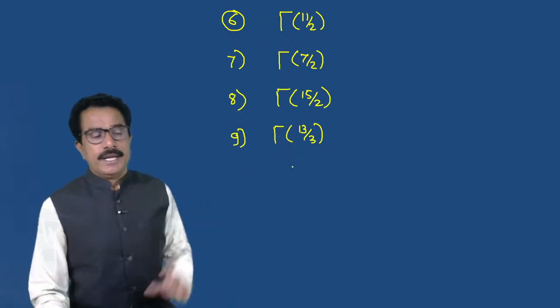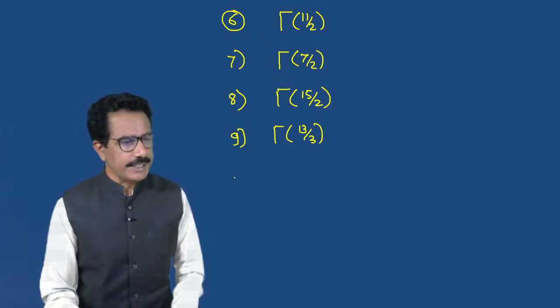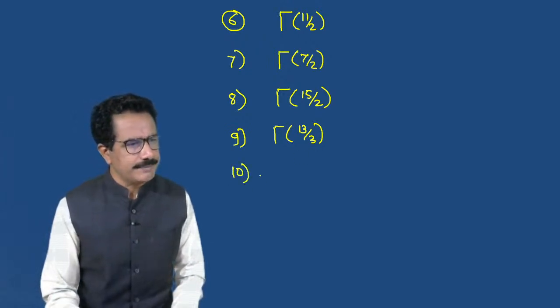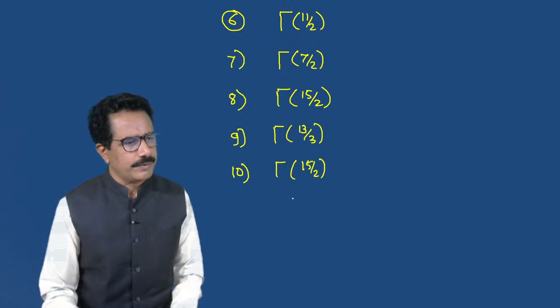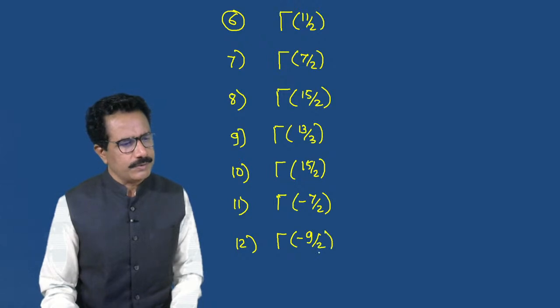This is the 9th number problem, because in the denominator there is a 3. Now we can write 10, gamma of, suppose, 15 by 2, 11 gamma of minus 7 by 2, 12 gamma of minus 9 by 2.